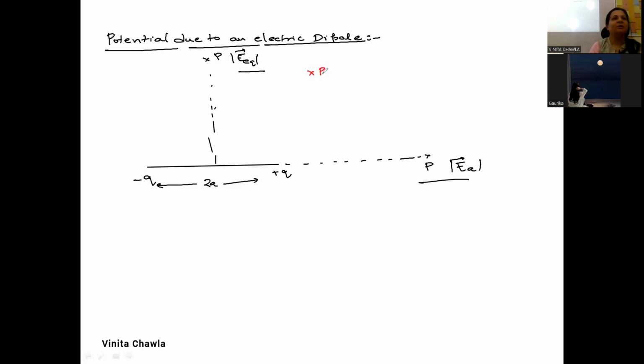Arbitrary means we can choose this point anywhere near the dipole. This point P can be here, here, anywhere you can choose it, and we will find the electric potential at that point P due to this dipole. This point P can be anywhere. This is an arbitrary point.